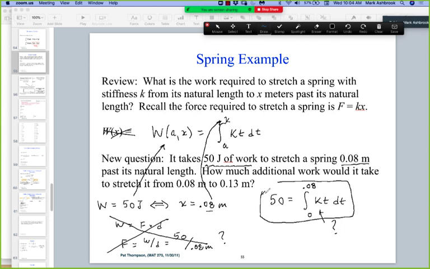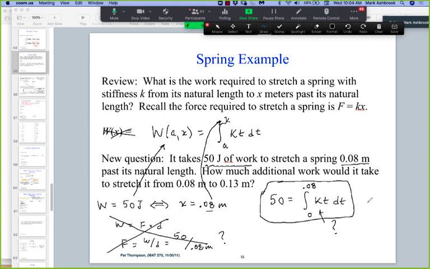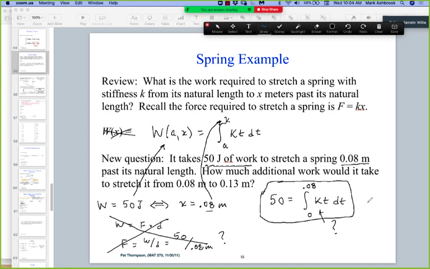What is k? We're going to divide both sides by the integral of 0.08. Divide both sides by dt. Is that going to work? Would you use force is equal to k times x? Except that we don't know the force. Yes, that would work.